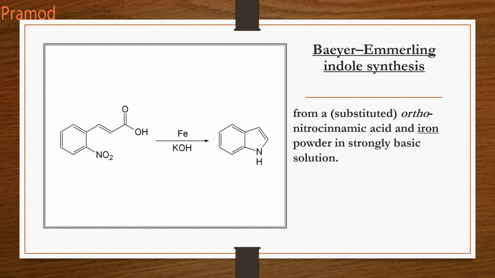It undergoes reduction, then followed by cyclization. So in basic condition with KOH and iron, it undergoes reduction followed by cyclization to give you an indole. That is Baeyer-Emmerling indole synthesis.